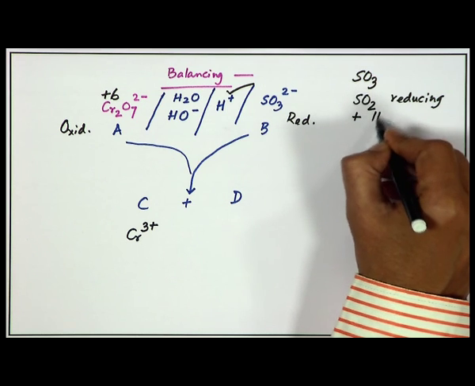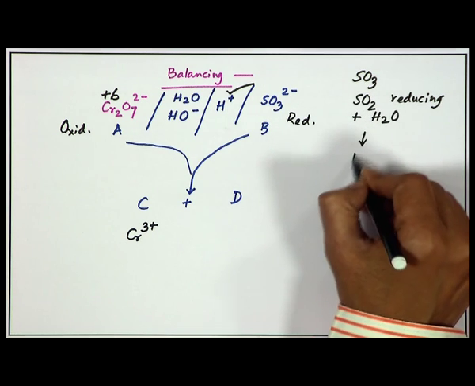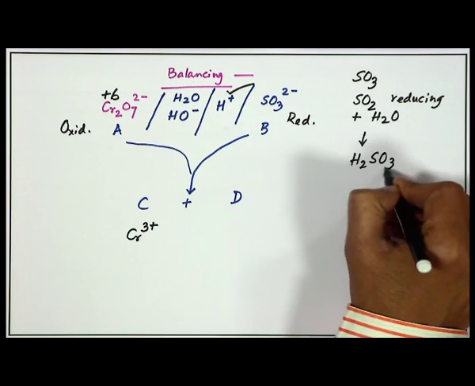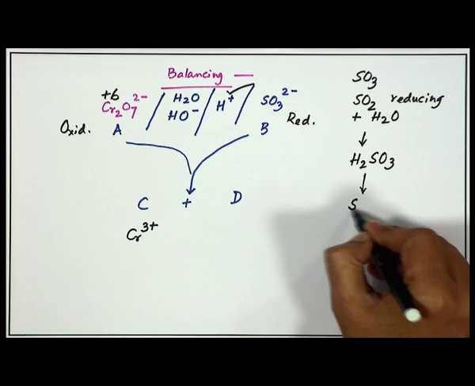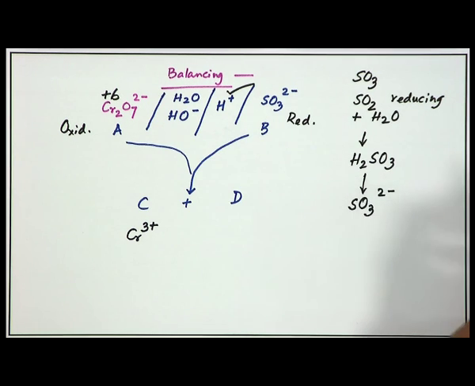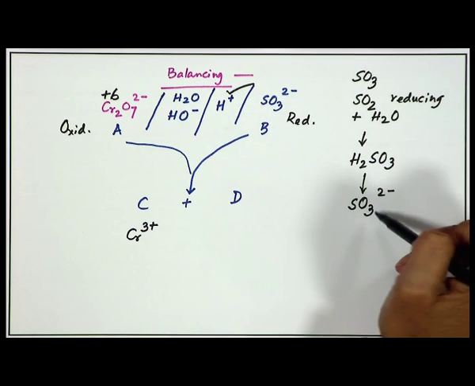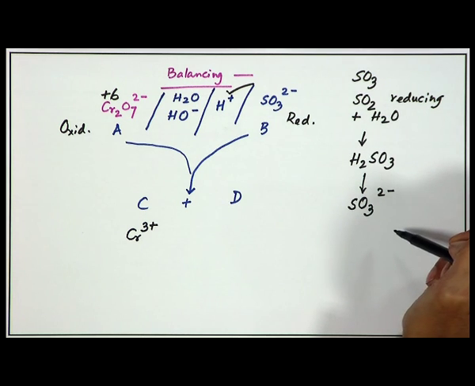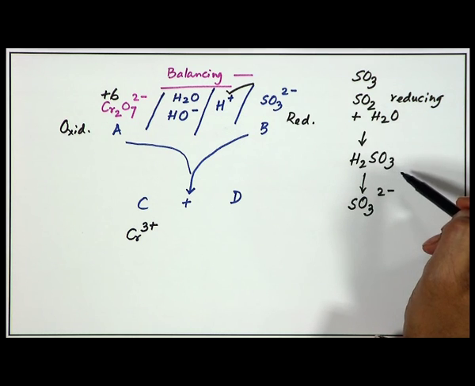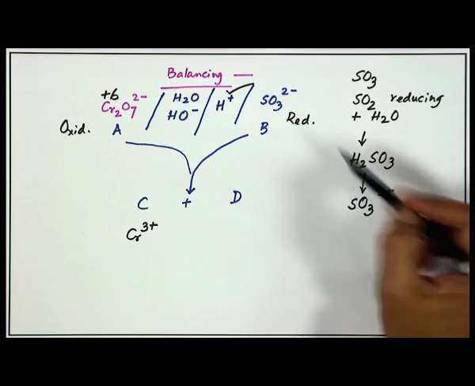When it reacts with water, we get sulfurous acid, and when that sulfurous acid is ionized, we get the sulfite ion. Sulfite ion can also be produced from metabisulfite, which is the anhydride of this sulfite. So this is the reducing agent.